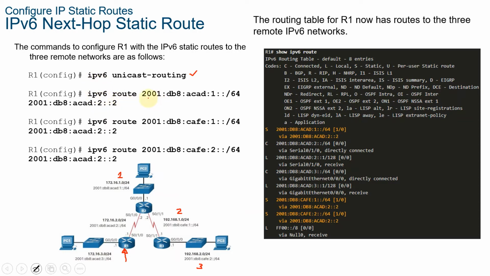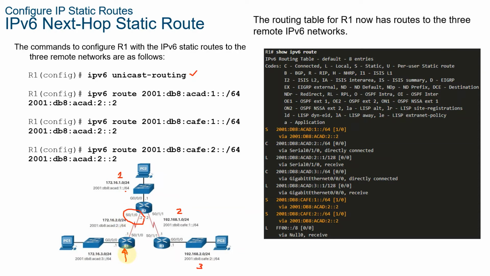route. This is your remote network, which is 2001:DB8:ACAD:1::/64. That's on R1, right? Okay, so this is the first remote network, and still this is our exit interface.